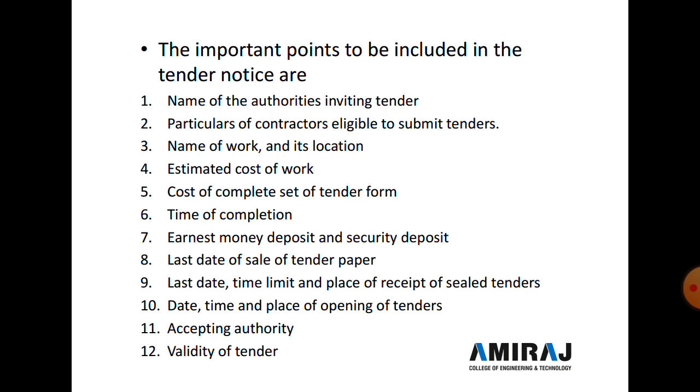Eighth is the last date for sale of tender paper, and ninth is the last date, time limit, and place of receipt of sealed tenders. After filling up the tender, a date and time limit is given, like 1st January you fill up the tender and the last date is 10 January, and the time is given like 5 p.m. Then the date, time and place of opening of the tender, and the accepting authority and validity of the tender.